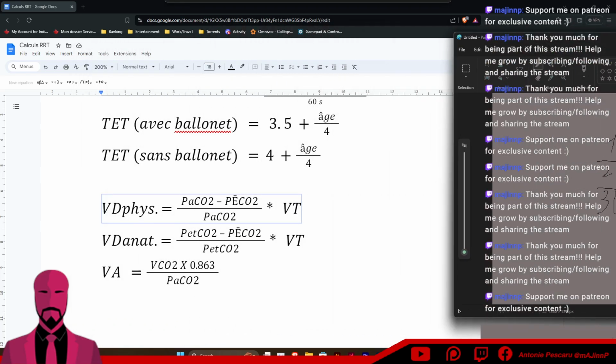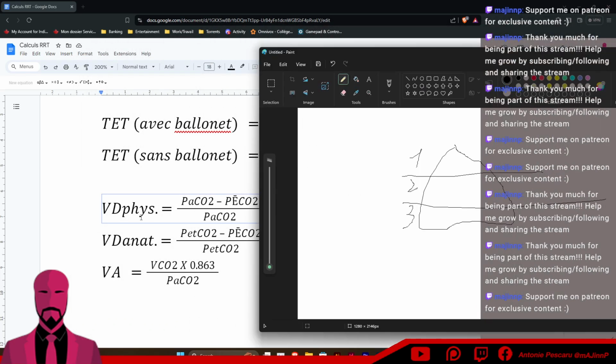When we're talking about this over here, we do have some, but it's usually mostly around this portion. We have physiological dead space at zone 3.